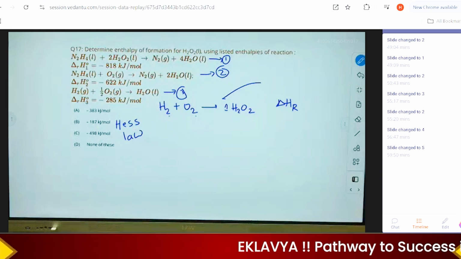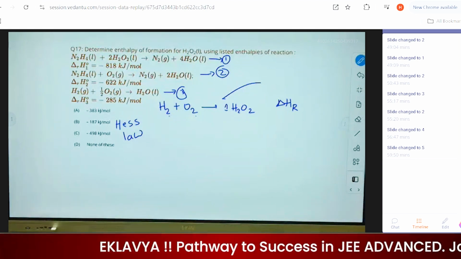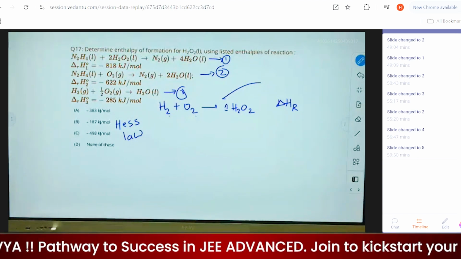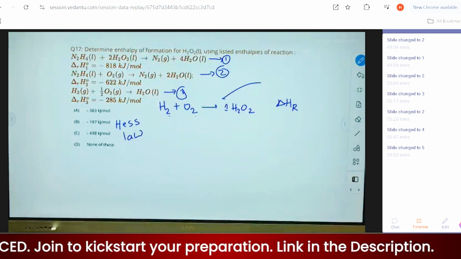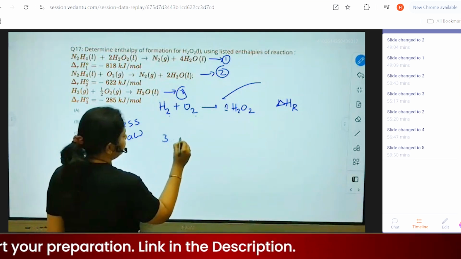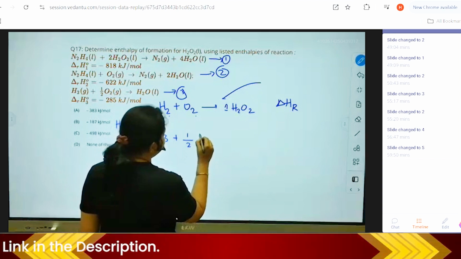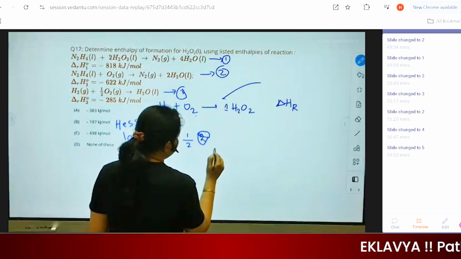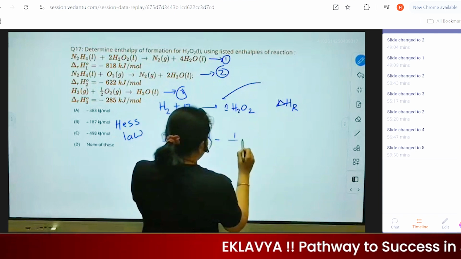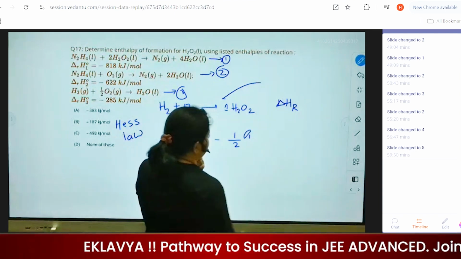So how to do it? We have to look at the equations, then decide. So what I will do is equation 3 plus half into equation 2 minus half into equation 1.